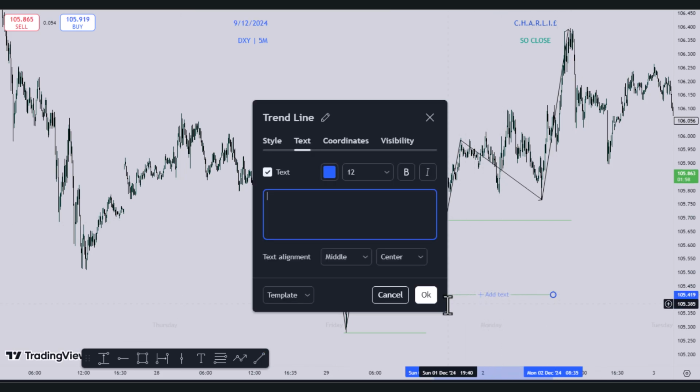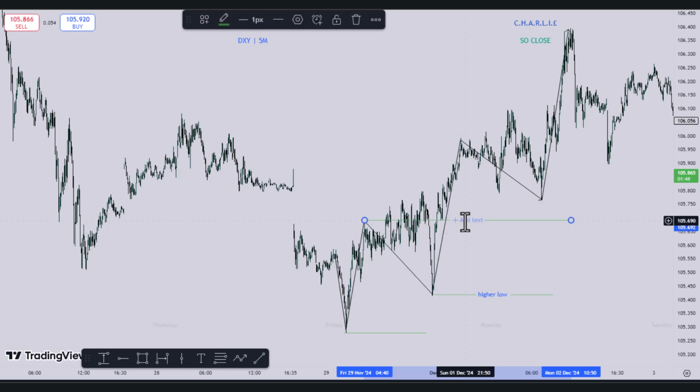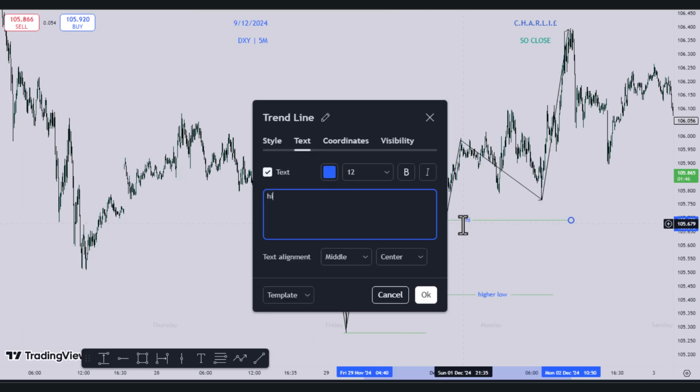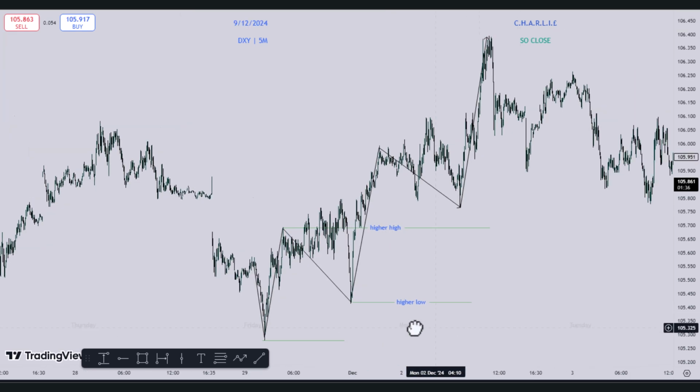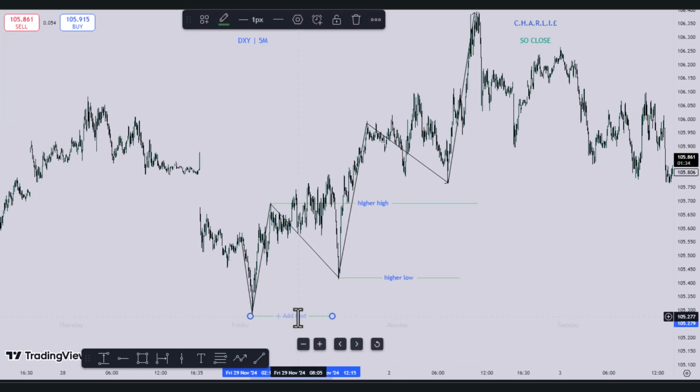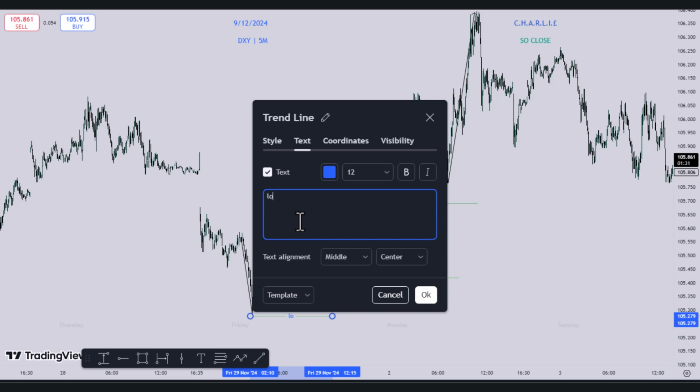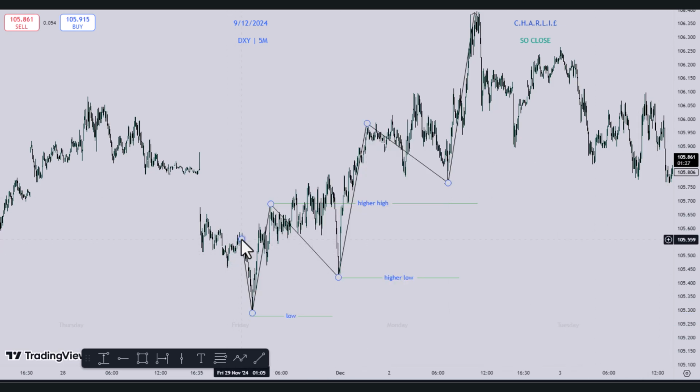So this is higher low, this is higher high. See, should be that easy. Higher low, higher high. This is our initial low, and this is our initial high.